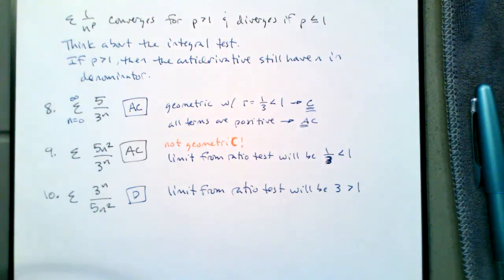So that'll be the limit from the ratio test. Once again, we're just trying to develop the sight, the Eldritch sight, that allows us to look at a series and decide if it converges or diverges.